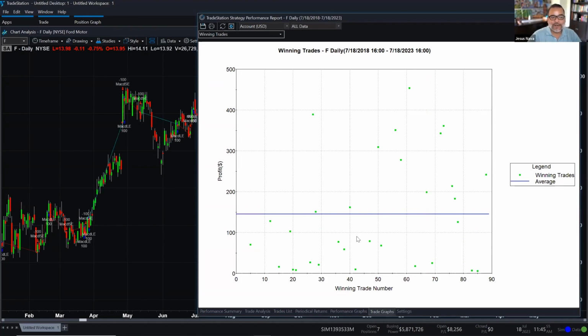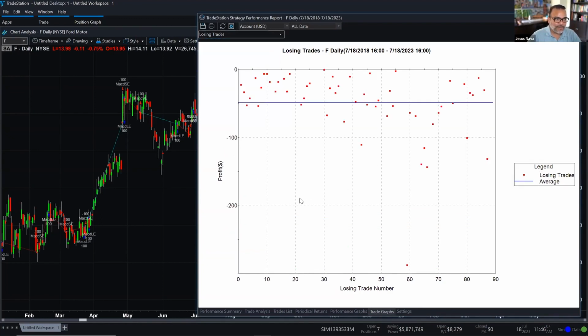And again, you can see how all those trades relate to that average and how far they are from it, going back to that concept of consistency. And you have the same for the losing trades. All the losing trades are here. This is the one that was labeled as an outlier, the one that lost 288, close to $300. And the majority are going to be around the average, which in this case is about $49 per trade.